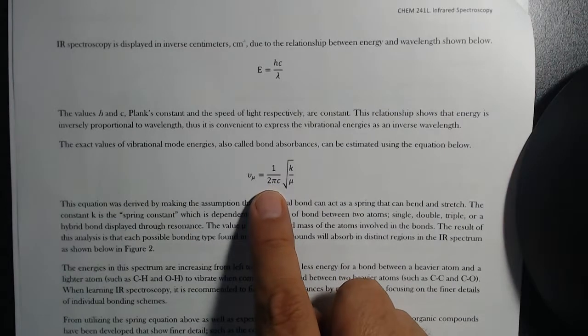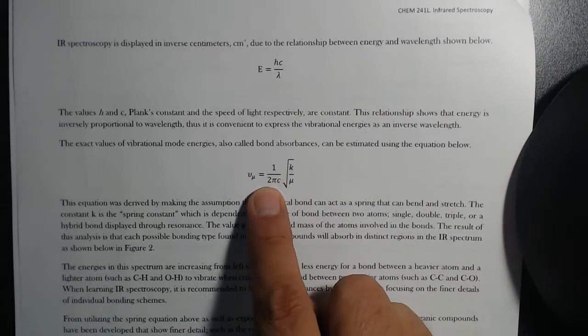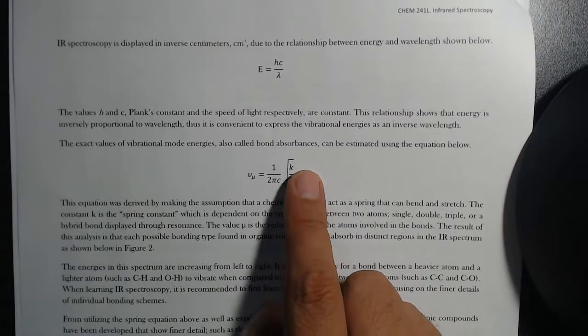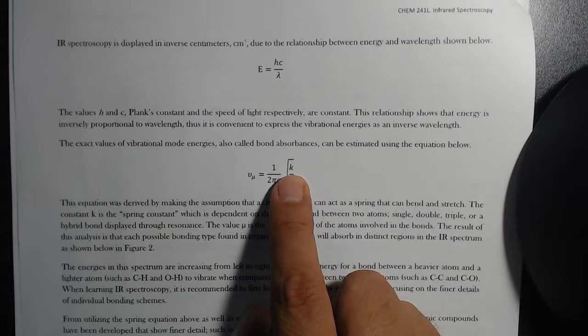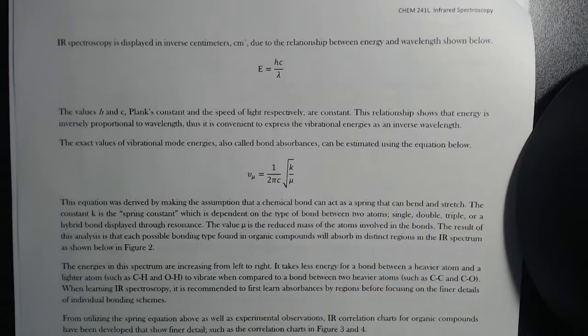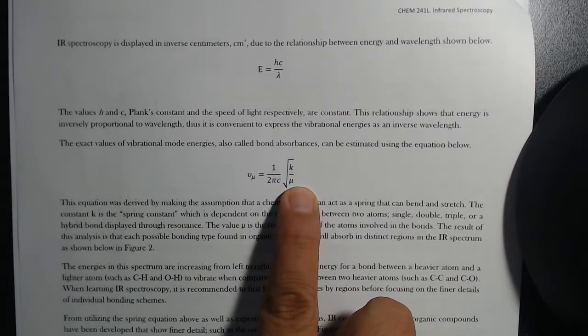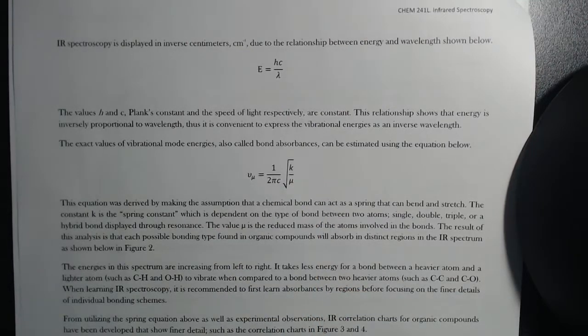This whole thing in front, 1 over 2 pi c, is a constant, and if you go further in chemistry, especially physical chemistry, it shows up a lot in that class. Next is this value for k, your spring constant, which is what type of bond you have. And then we have mu, the reduced mass, which is a function of what actual atoms are there.